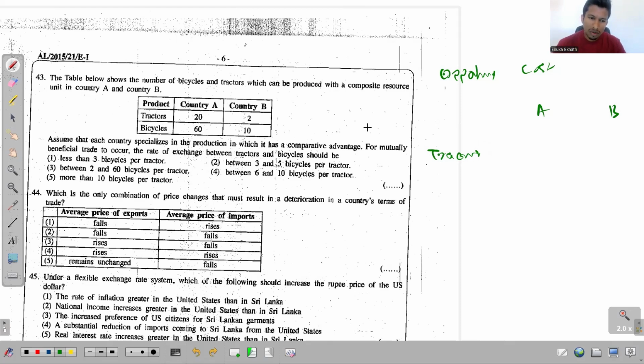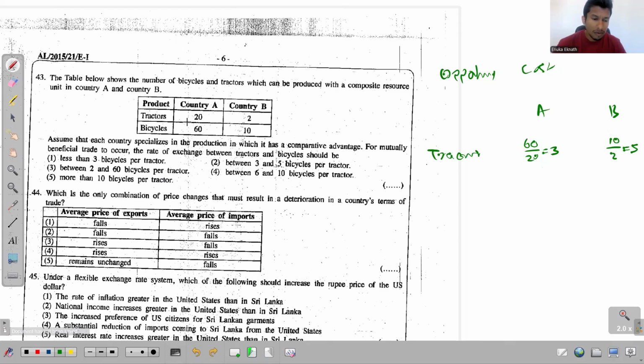So the opportunity cost of producing a tractor in country A is 60 over 20, and that's 3. And that in country B is 10 over 2, and that is just 5. Why do we use this equation, 60 over 20 and 10 over 2? The reason is that's the equation that we use when calculating opportunity cost when output values are given.